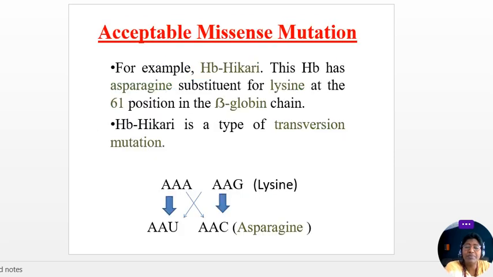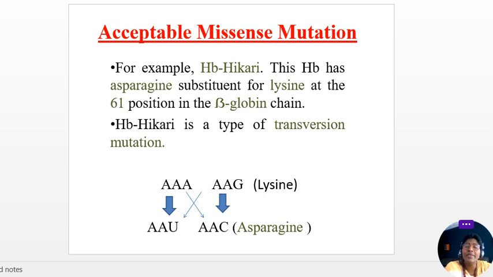Coming to an acceptable missense mutation, for example, hemoglobin Hikari. In normal hemoglobin, at position 61, lysine is usually present, with the codon AAA or AAG responsible for lysine.